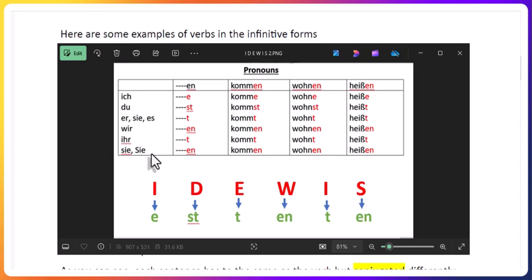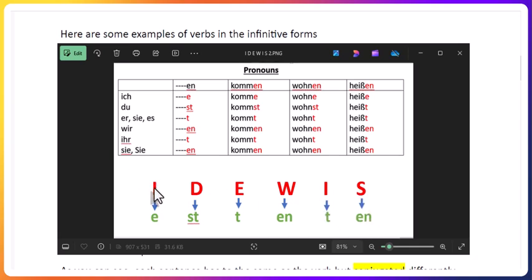If you are conjugating regular verbs, you don't have to worry, because the plural still takes the form of the infinitive. You only have to worry about 1, 2, 3, 4, 5. For regular verbs, you don't have to worry about this one.